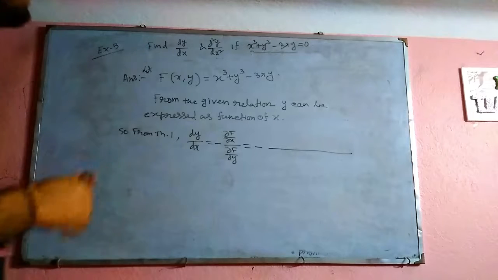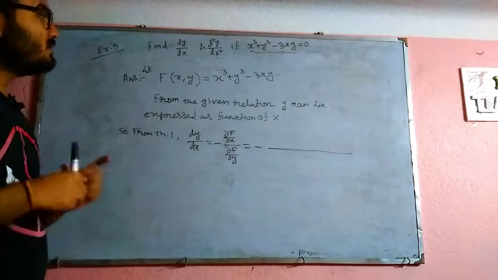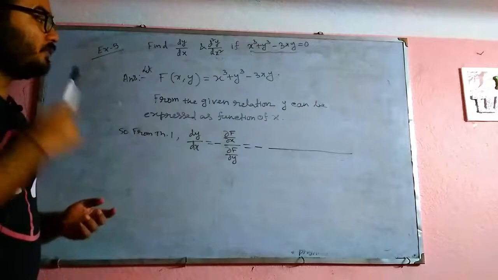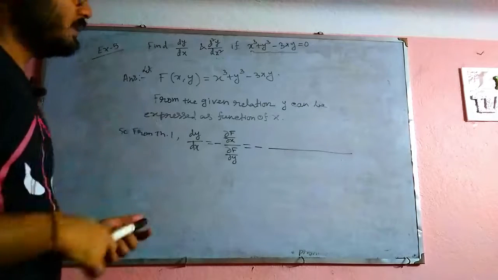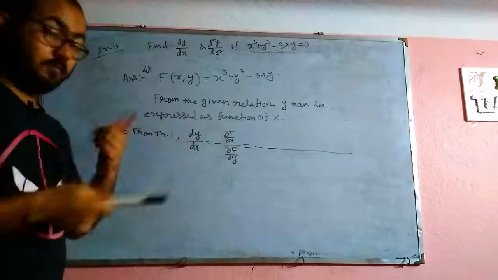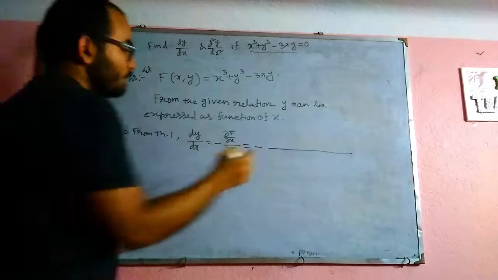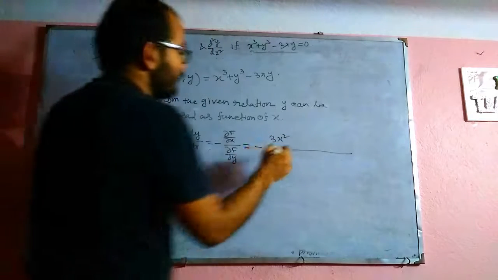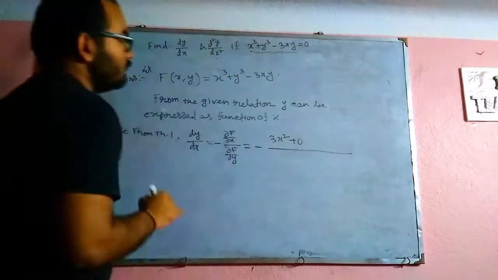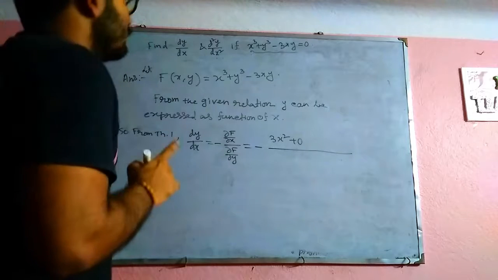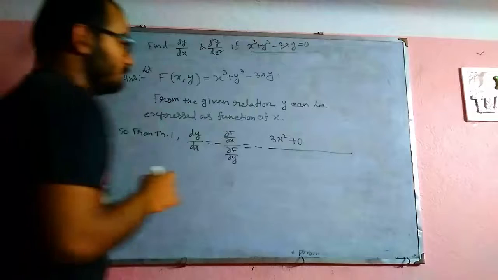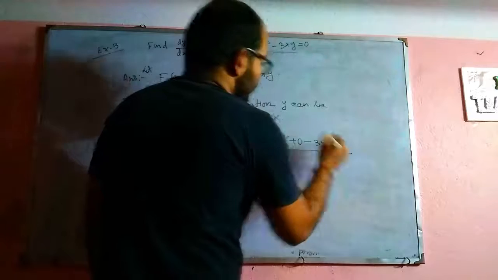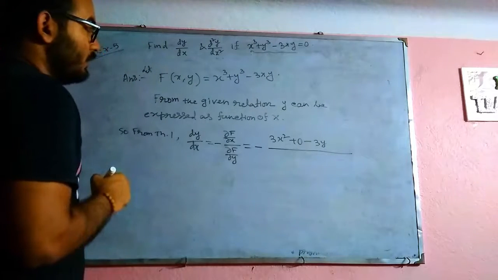You have to treat y as a constant when you are trying to find the partial derivative with respect to x. So 3x square plus 0, because we have assumed y as a constant, minus 3y. And what is del f/del y?